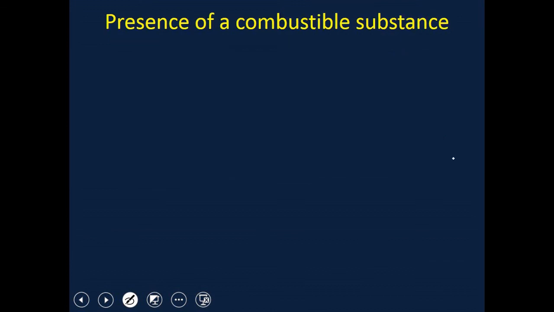So first point is the presence of a combustible substance. Children, this is a very important point and quite obvious, that if a combustible substance is not there, combustion will not take place.